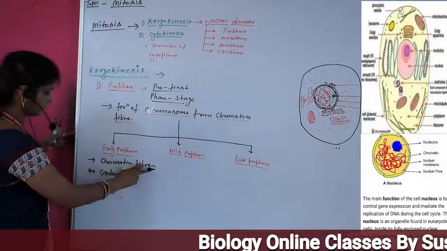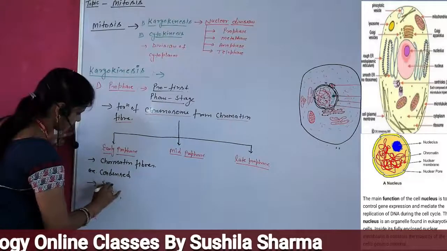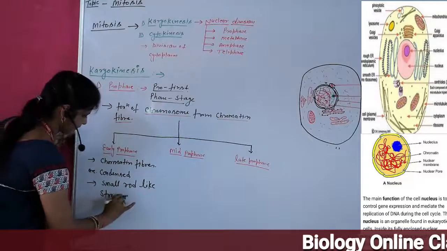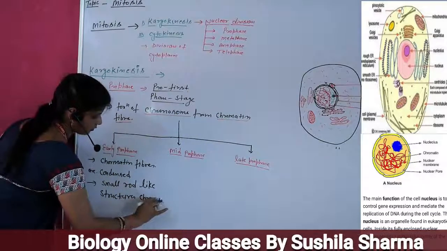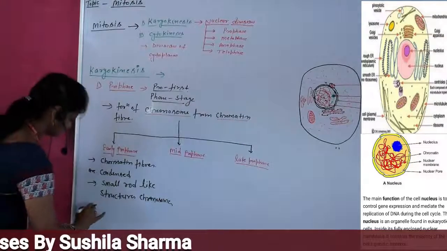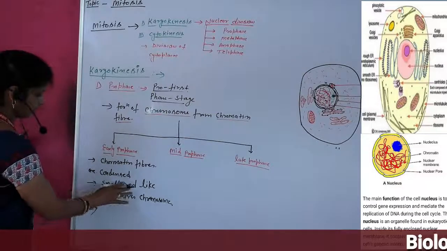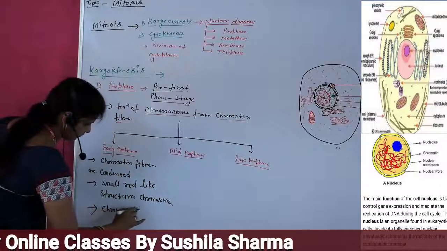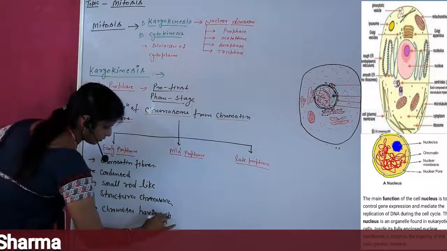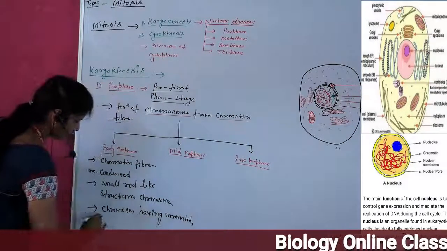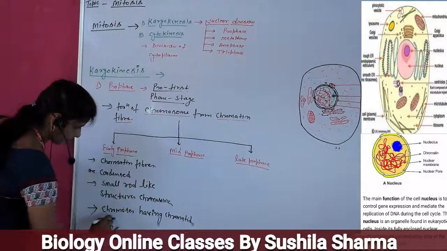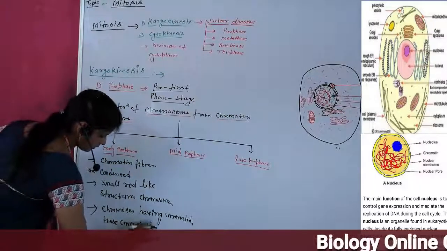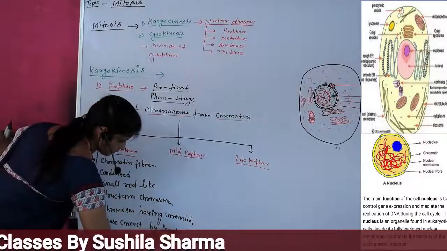During prophase, chromatin fibers are condensed and form small rod-like structures, chromosomes. Chromosomes have chromatids, which are connected by the centromere.